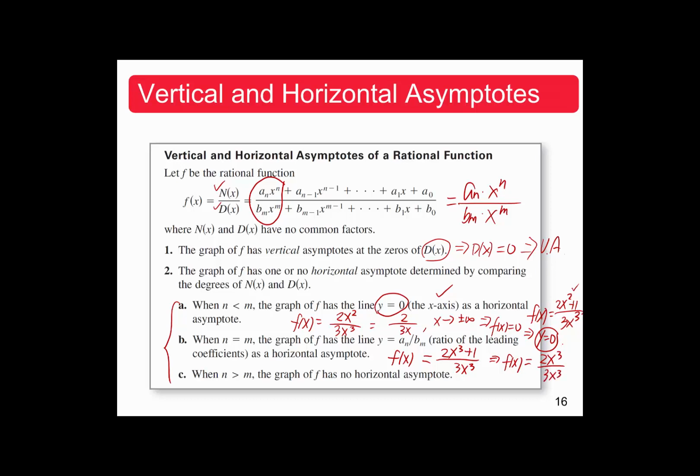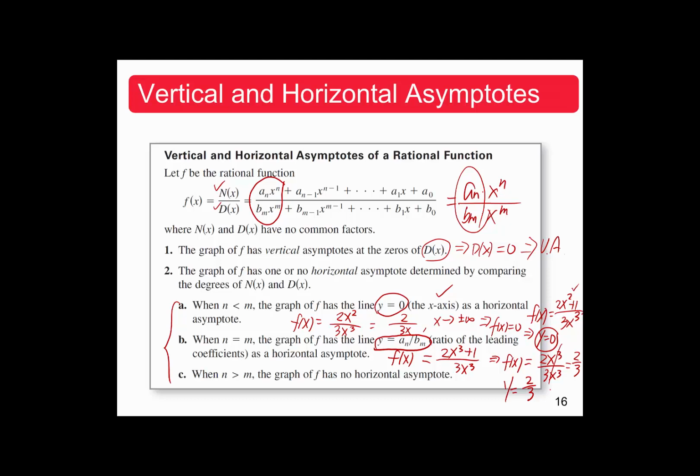As you can see, the leading power x cubed can cancel, so you end up with 2/3. 2/3 is exactly the quotient of the coefficients on top and bottom, so it becomes a_n over b_m. This ratio of the leading coefficients is the horizontal asymptote. But you can always follow the analysis I just did here to help you understand why you end up with 2/3 as a horizontal asymptote.